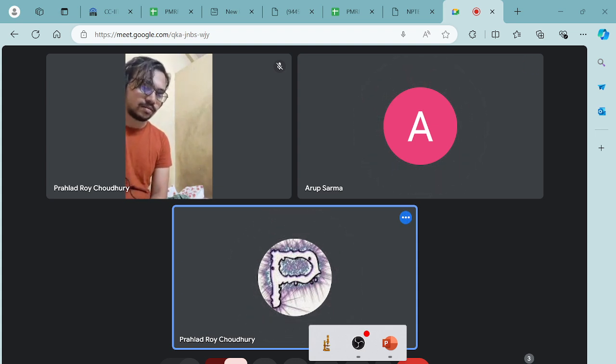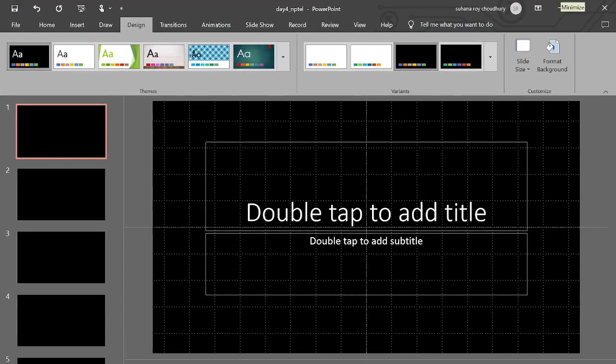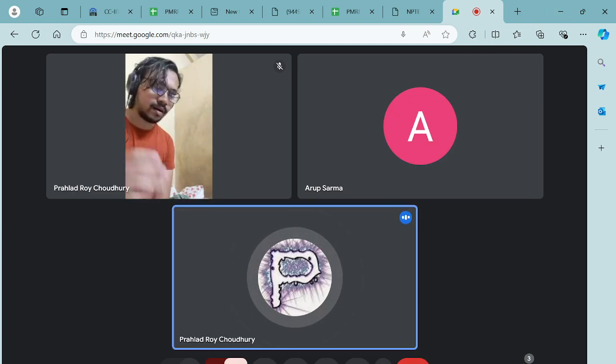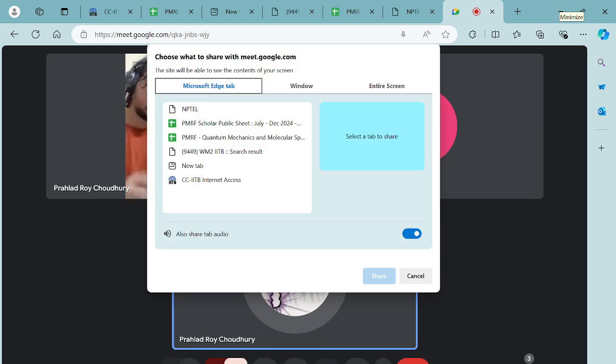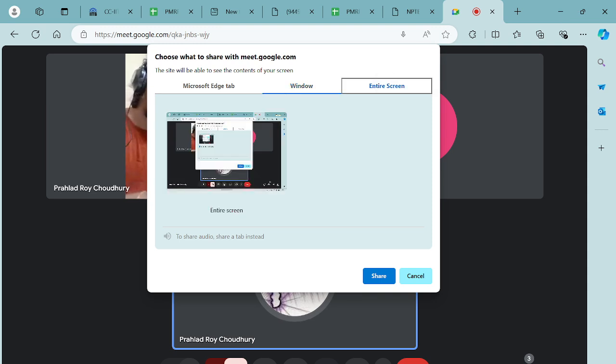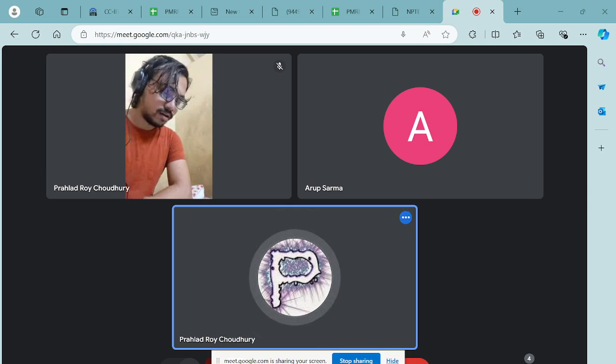We will look at a few of them in today's class, slowly. This course has a much deeper sense of quantum mechanics in the molecular spectroscopy aspect. Anyway, let's start today's session.